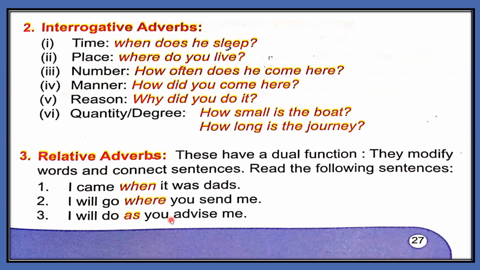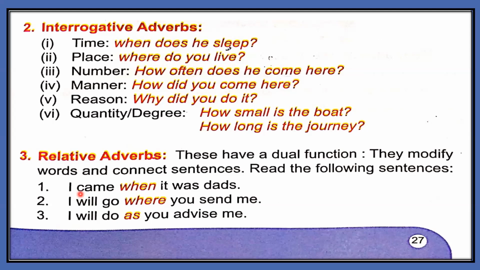So when two verbs are used, it means these are two sentences and they are joined with a conjunction-type connection. So here these adverbs are not only modifying the words but also connecting the sentences. So these are two sentences connected with the relative adverb.